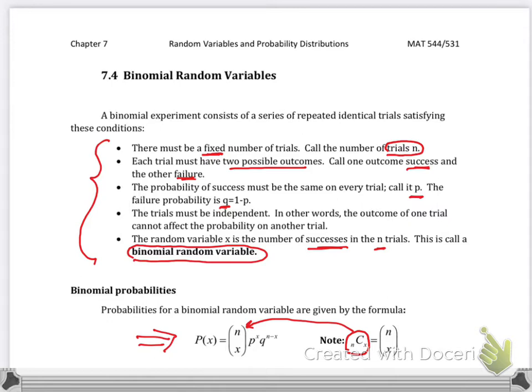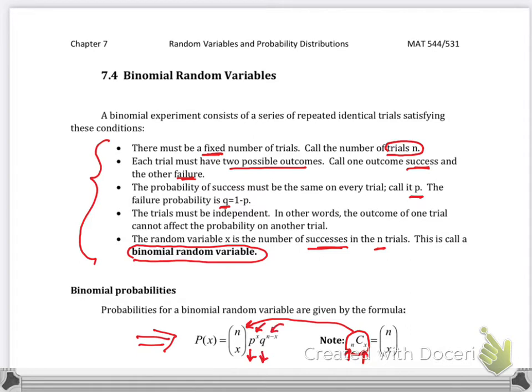So your n is your number of trials, and the x is the number of successes. So we're going to use our calculator to write this out. And then here's P, the probability of success, raised to x, the number of successes. Q is the probability of failure, and then n minus x is that.